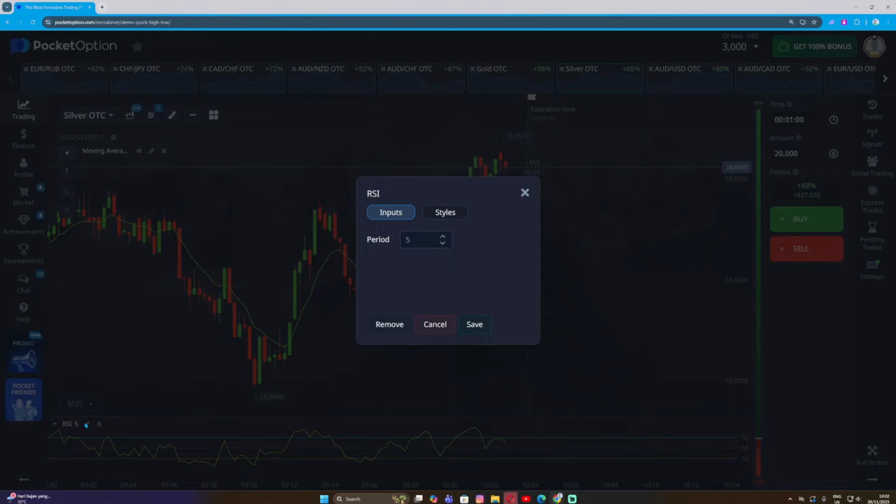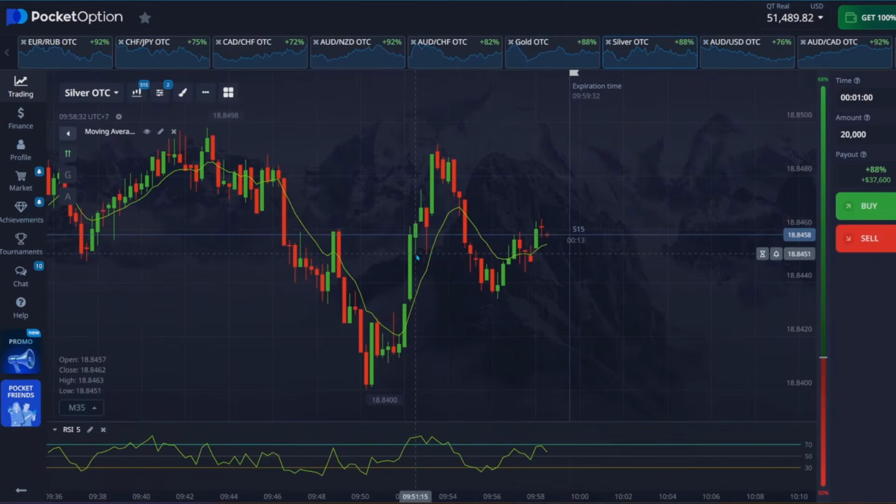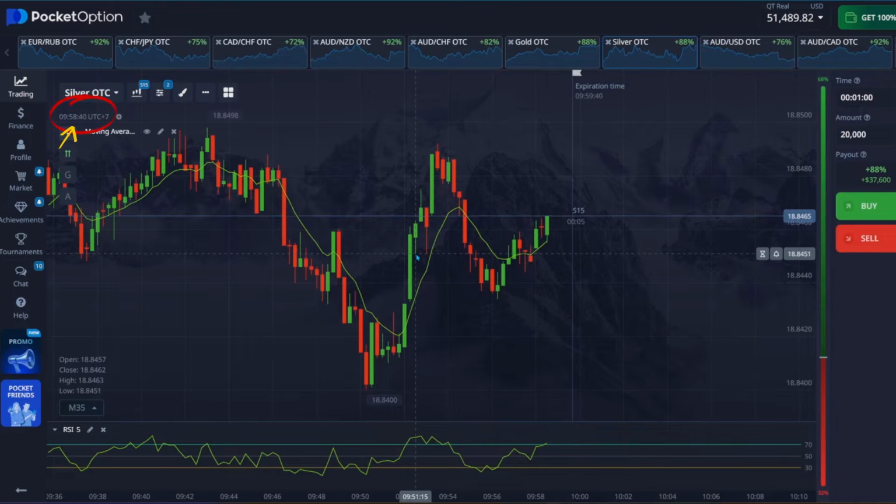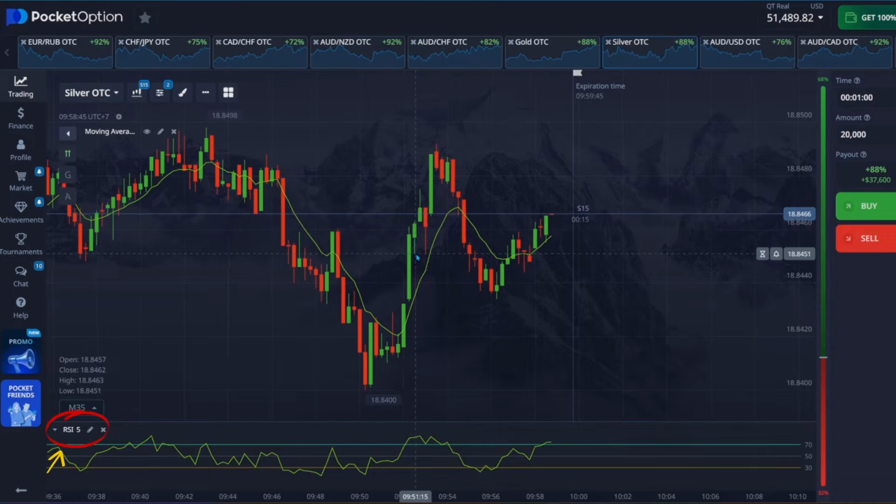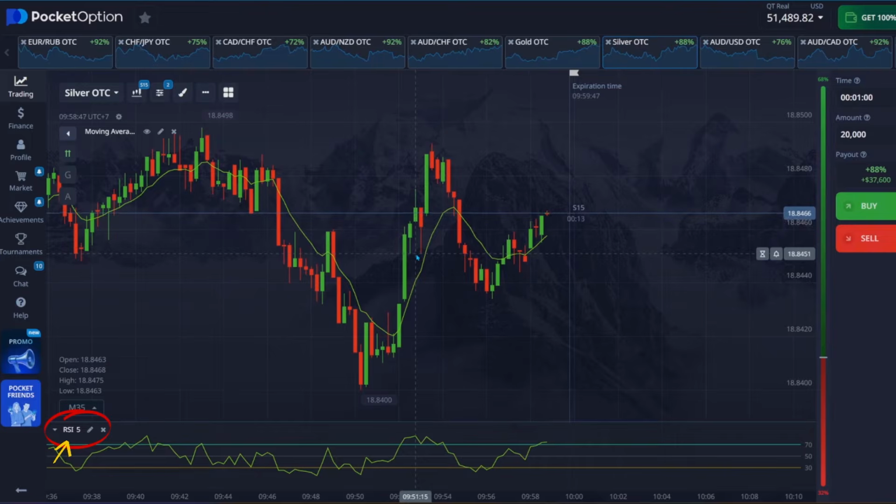Before we start trading, let me explain the core logic of this strategy so you understand exactly why it works. This method focuses on reading short-term momentum and identifying exhaustion points in the market. We use 2 highly effective tools, the EMA 10 to track immediate momentum and the RSI 5 to detect extreme overbought and oversold conditions.